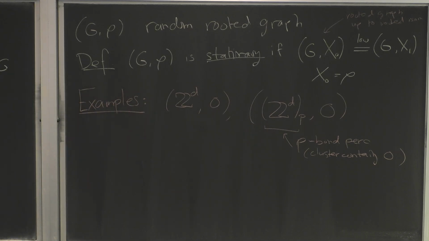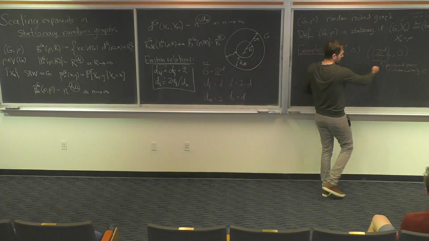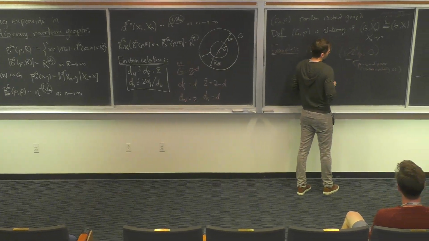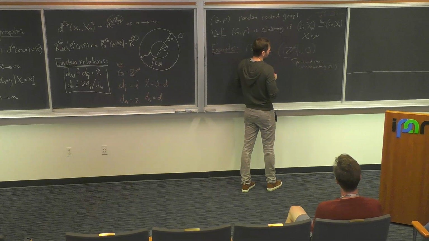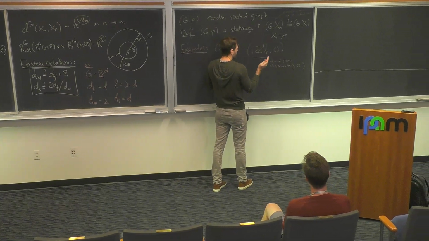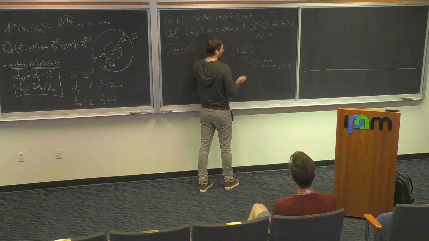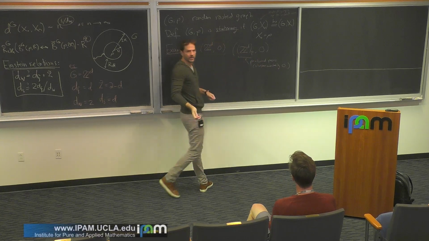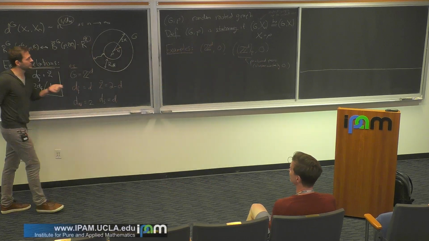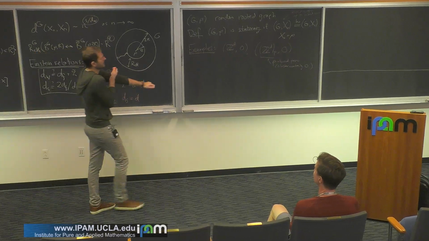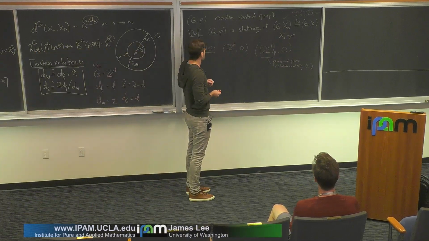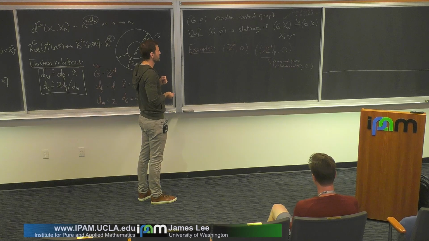So I do independent bond percolation, not necessarily critical, just any bond percolation with some parameter p. I get some random subgraph. If I now take the cluster that contains the origin, then this is a stationary random graph. It shouldn't be so hard to convince yourself that this is true. Okay, so those are the two examples.